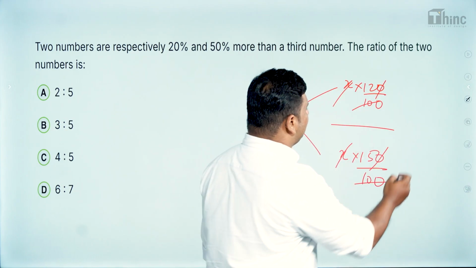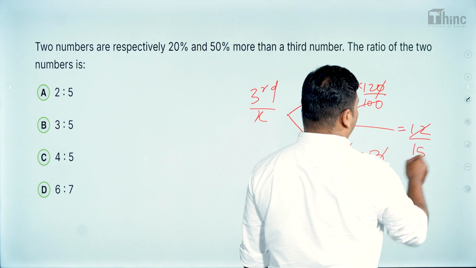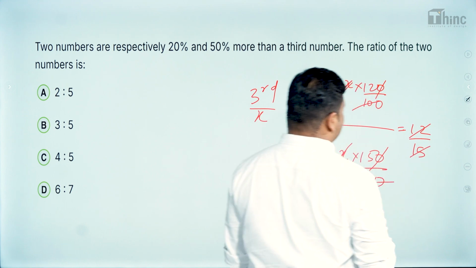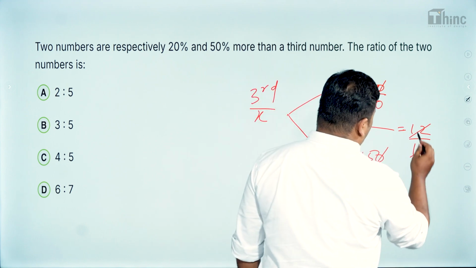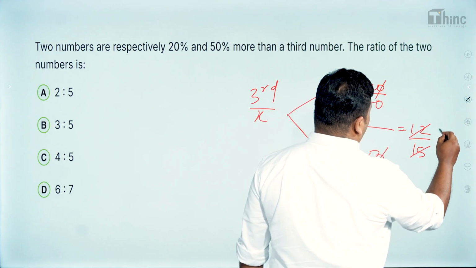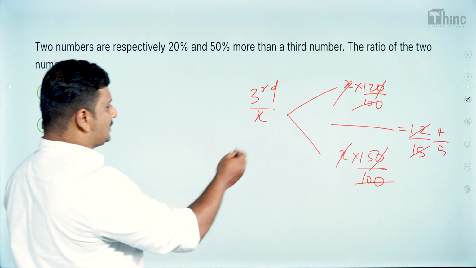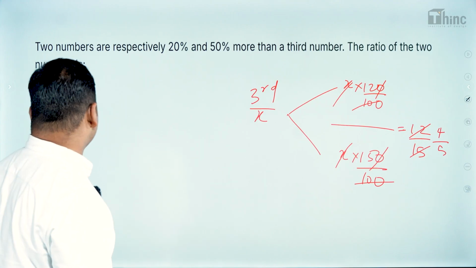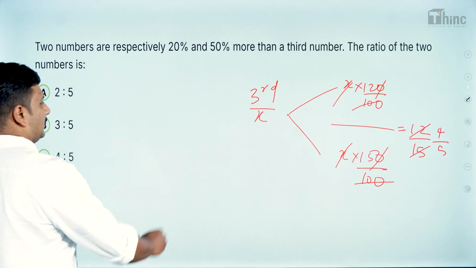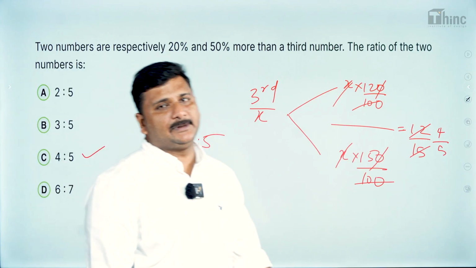So ultimately it will be nothing but 12 by 15, right? And again we can cancel it off by 3, so we'll get 4 by 5. So these two numbers, which are 20% and 50% more than the third number, are in the ratio of 4:5. So 4:5, option C will be the correct answer.